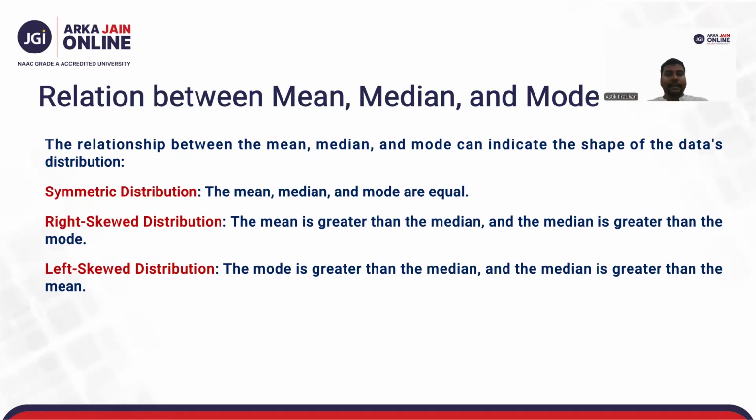One of them is called symmetric distribution, where the mean, median and mode are equal. If you check in terms of distribution, all the values for mean, median and mode will be equal.